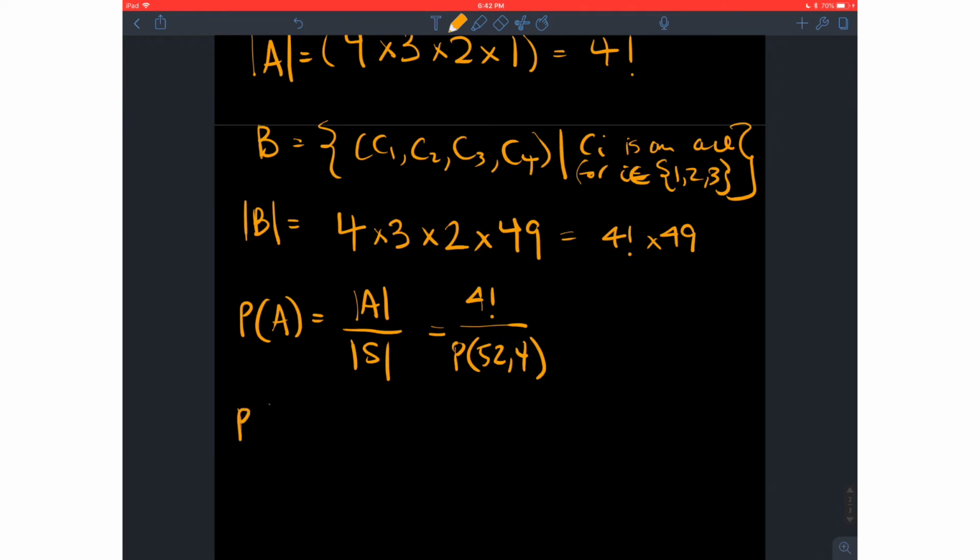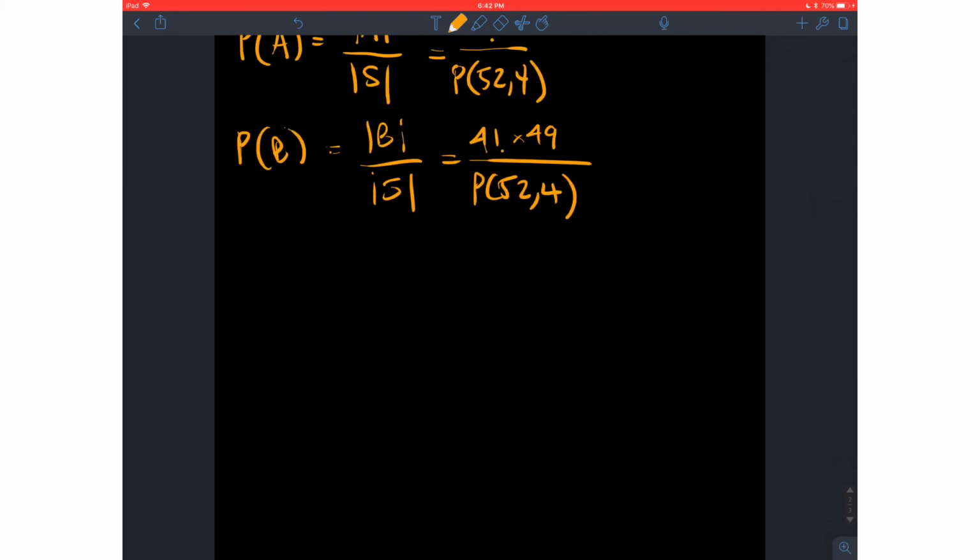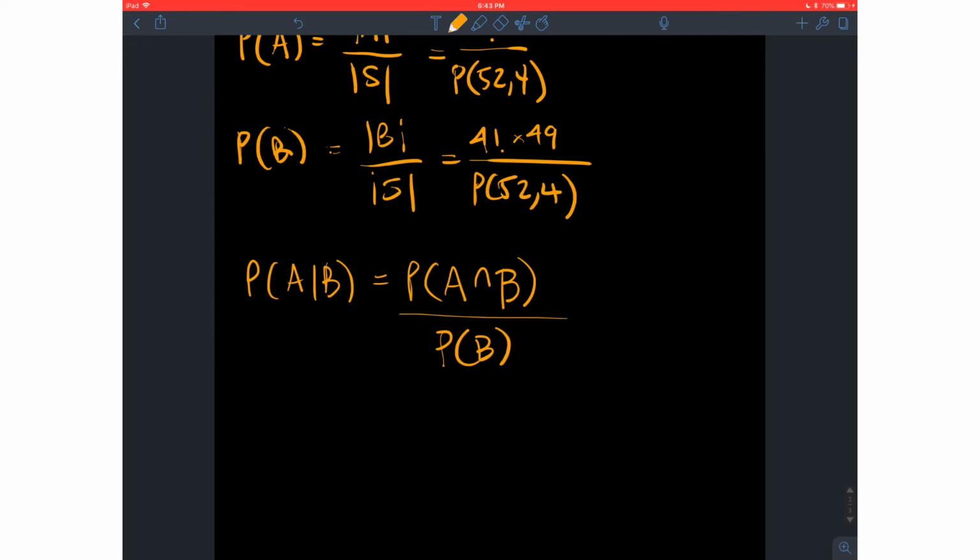And then the probability of B is going to be the cardinality of B divided by the cardinality of S. And that's just going to be 4 factorial times 49 divided by this P52 4. Okay, so now let's set up that conditional probability statement. Probability of A given B is equal to the probability of A intersect B divided by the probability of B.